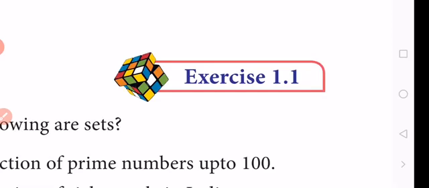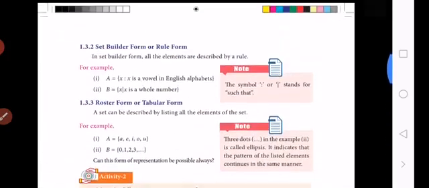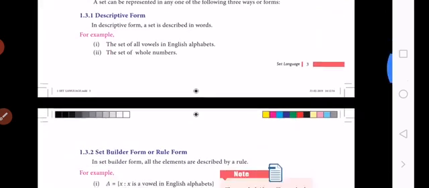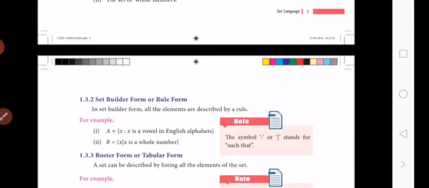After that we use notation, that is belongs to and does not belong to. These notations are used for elements. After that the main concept is representation of a set. There are three types of representation: descriptive form, set builder form, and roster form. Okay students, do you have any doubts?